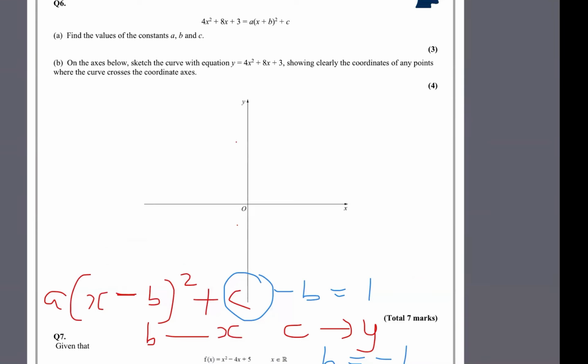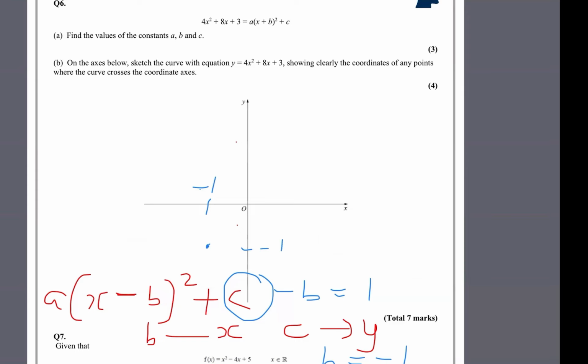We said the graph goes this way. It's turning at the point minus 1, minus 1. So x is minus 1. Let's take here as our minus 1, and our y also is minus 1. So it's turning at this point.